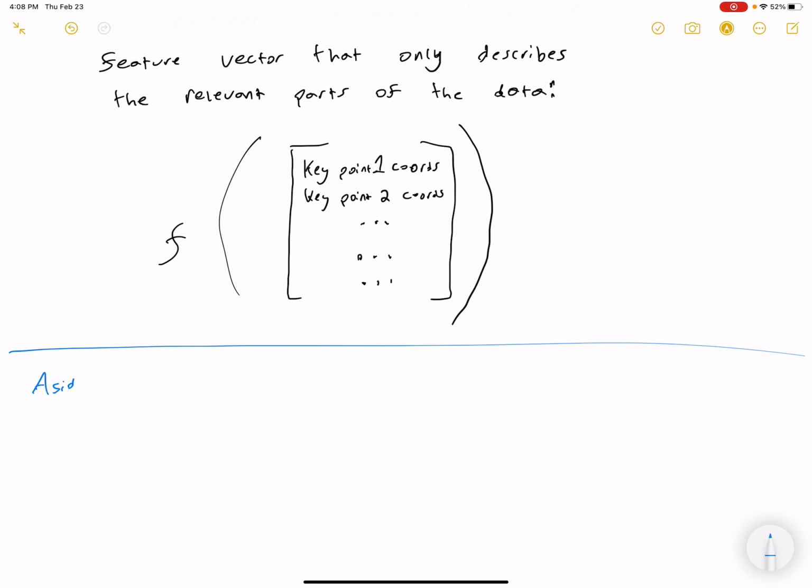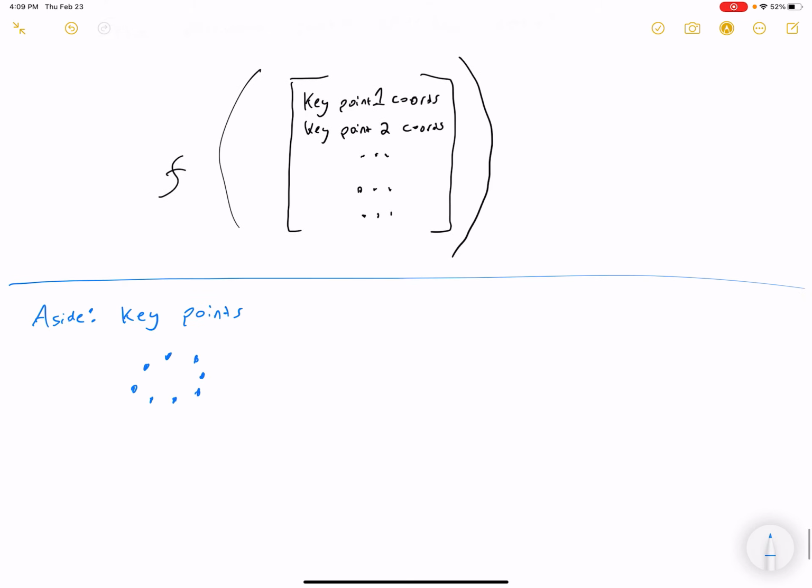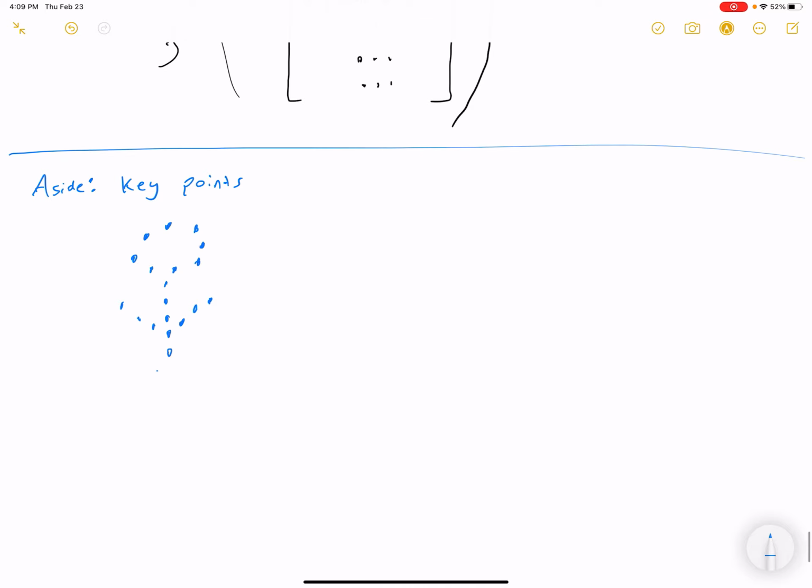An aside, but still a commonly done thing in machine learning: key points is a feature representation where you take a picture of a person and you automatically convert it to a stick figure, and you get the coordinates of each of the points in the stick figure.